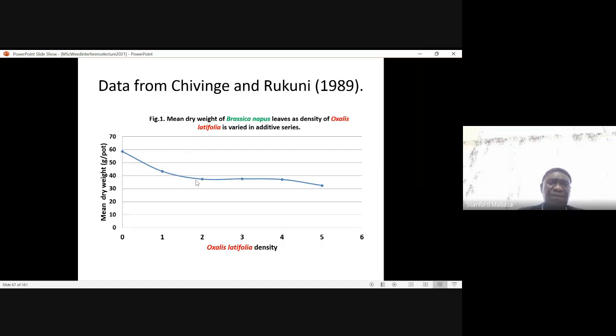This is a graph which was done by Chivinge and Rukuni using Brassica napus and Oxalis latifolia, which is the weed. So they were increasing the weed density, and this is the yield, which is decreasing.